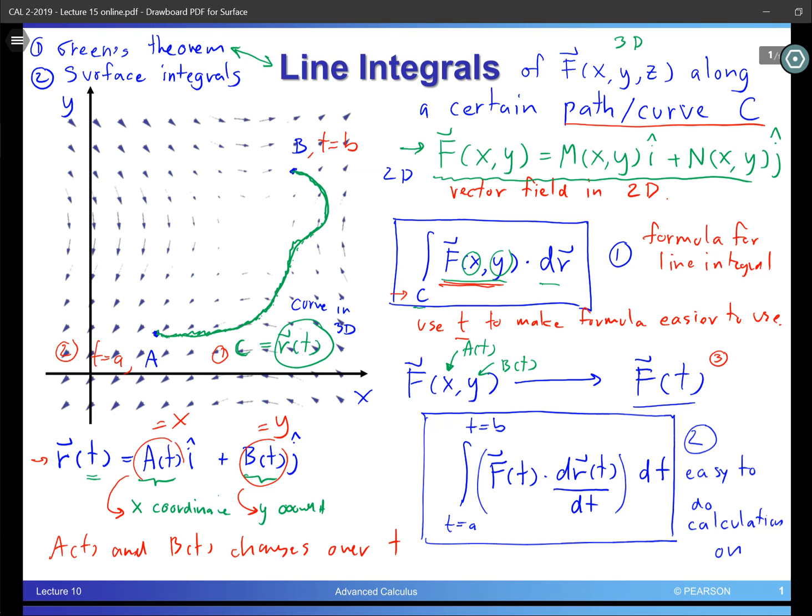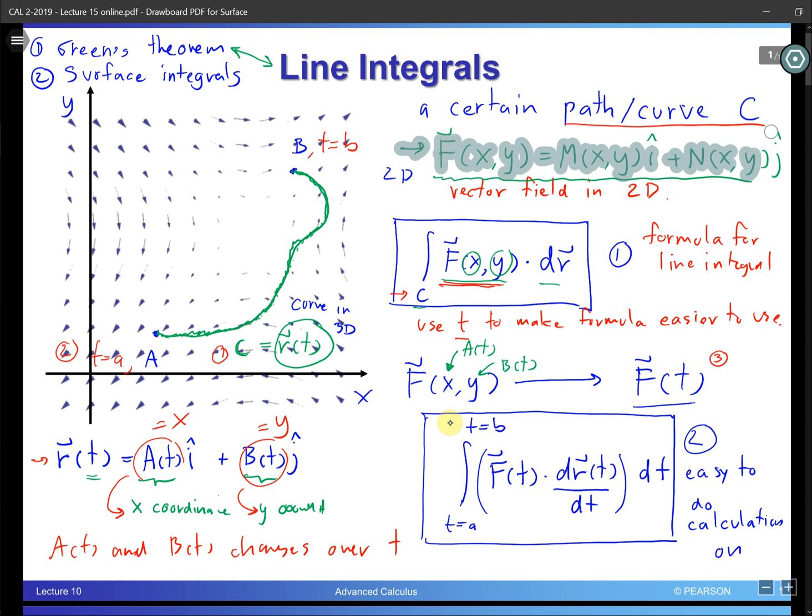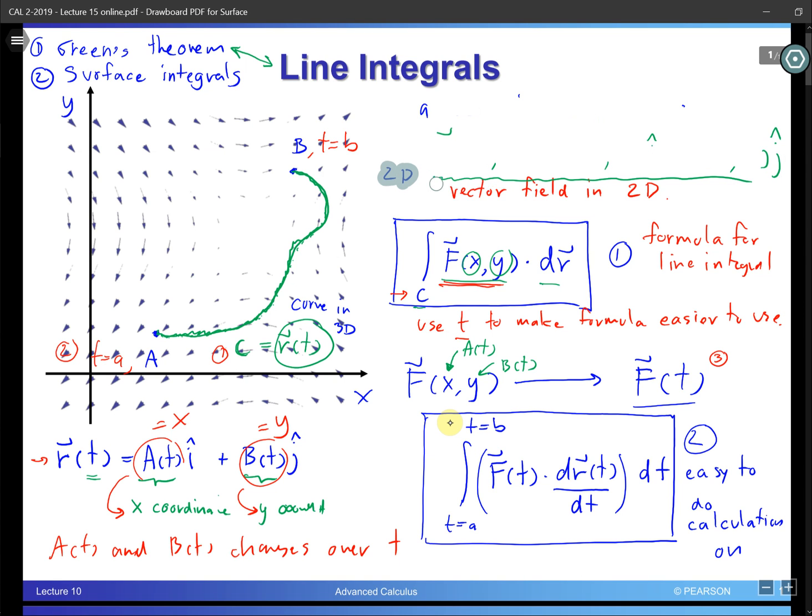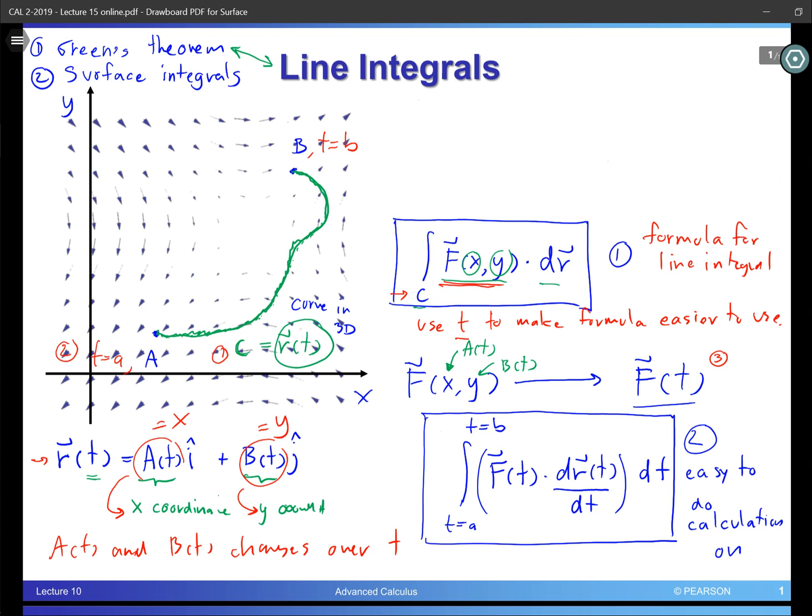I need more space, so let me erase some of the stuff up here at the top. This has to go, along with this. By now you know what the vector field is. Now it's going to be about the third form that you might see later in other courses.